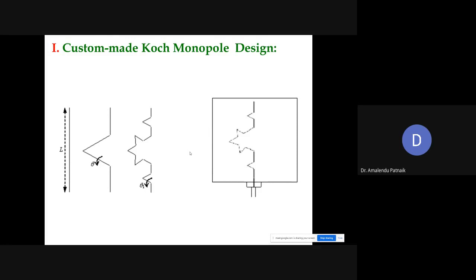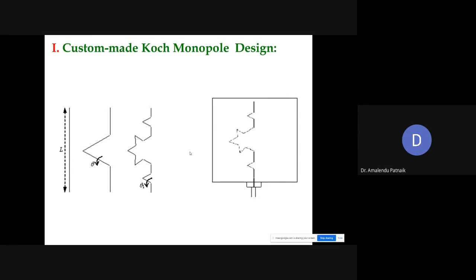I need one frequency at 2 gigahertz, but the second frequency not at 4; I need it at 4.5 or 4.8, right? So you need to change the shape of those classical fractal structures. You change the parameters of that fractal structure so that correspondingly it will change the resonant frequency of that fractal structure.